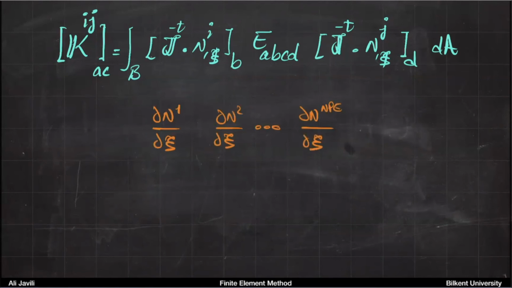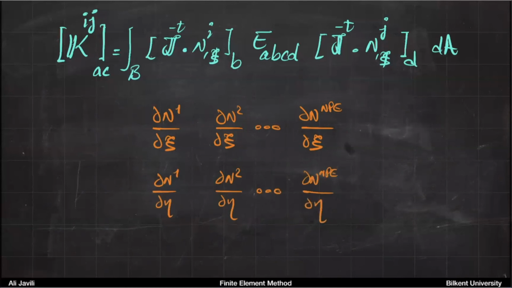So all the derivatives of n with respect to c in the first row, and all the derivatives with respect to eta in the second row. All right, so you have these. So first of all, you can see it's 2 rows and n node per element columns, right?